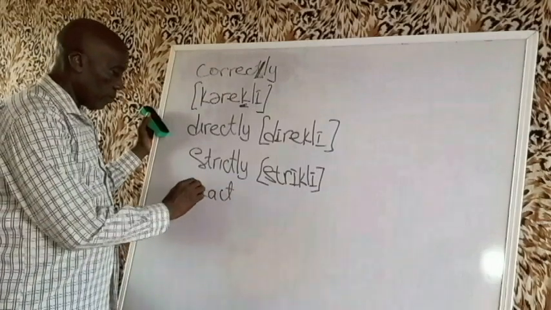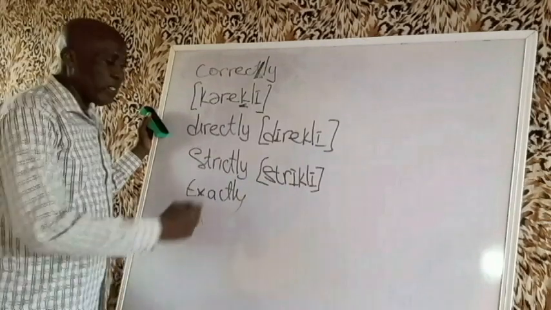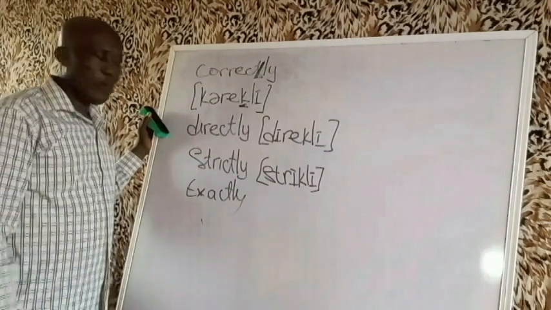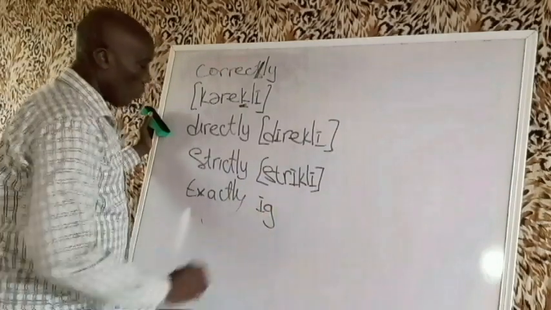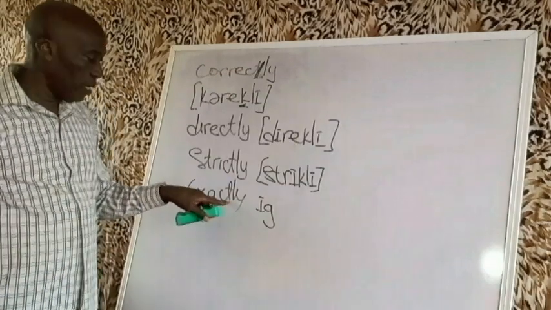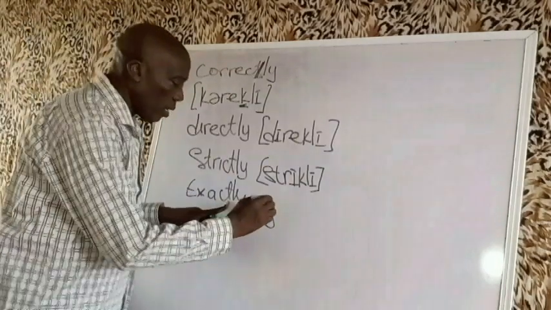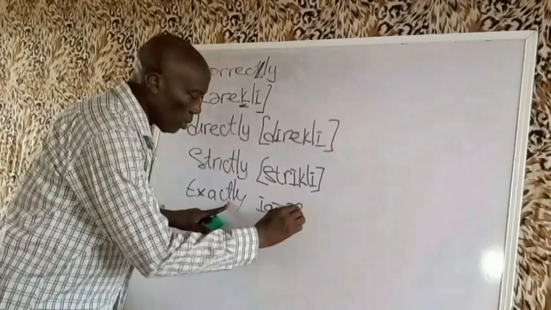When you add letters LY to the word exact, what you have as a result is exactly. And a good speaker of English will wisely take the sound represented by this grapheme, take it away and pronounce your English without struggle.